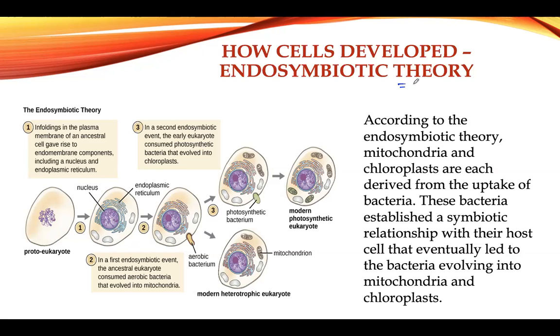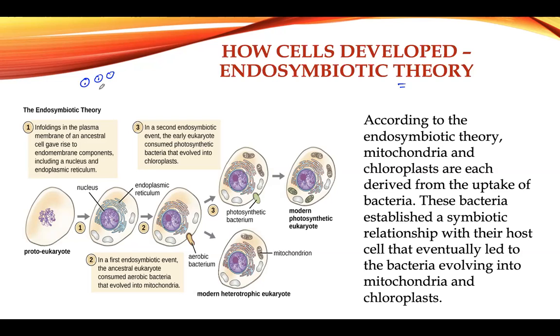So how did we originate, or what happened so that multicellular organisms came out of a single-celled organism? From there we started working on the endosymbiotic theory. The endosymbiotic theory tells us, and it's a proof, that at the beginning we all were prokaryotic cells.